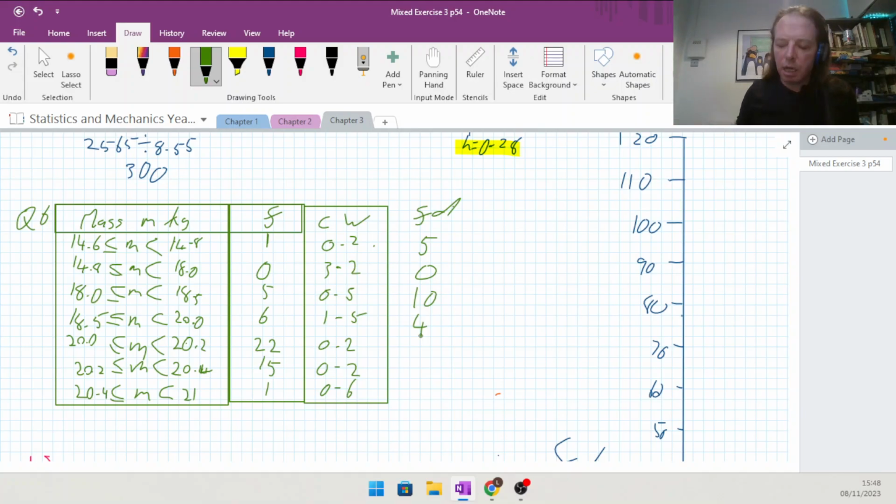Got a calculator. 22 divided by 0.2 is 110. 15 divided by 0.2 is 75. And then 1 divided by 0.6 is 1.6 recurring, or 1.7.